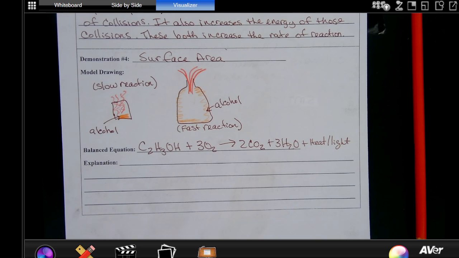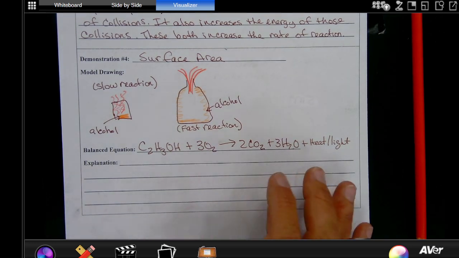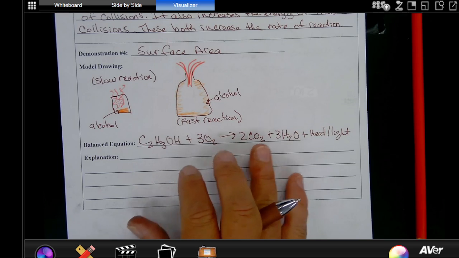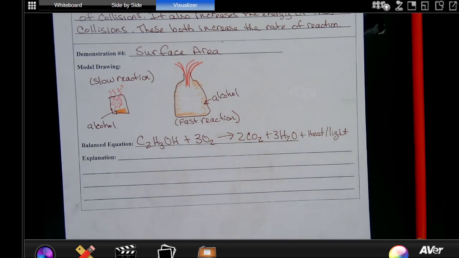So please do not go home and try this. That is my warning to make your parents happy in case I get an email. The bottle blew up, shattered, cut a student, and went through and damaged the roof. It was not good. So please do not do it if you don't know what you're doing.